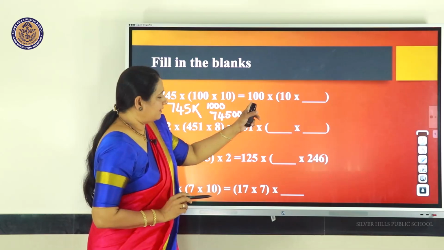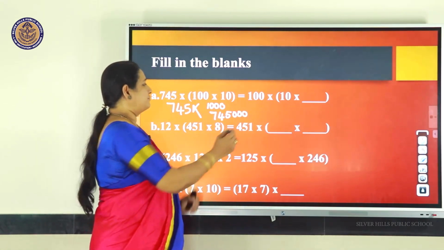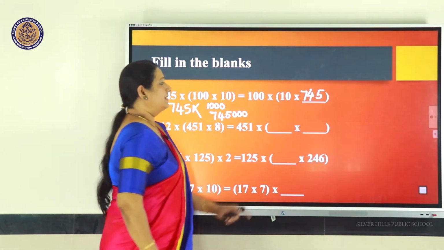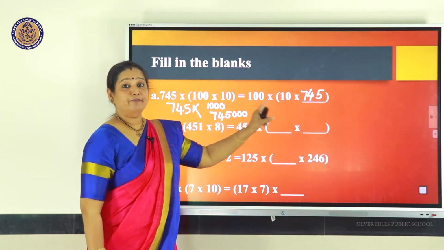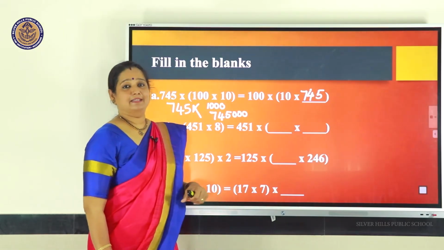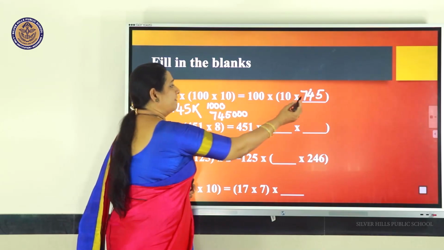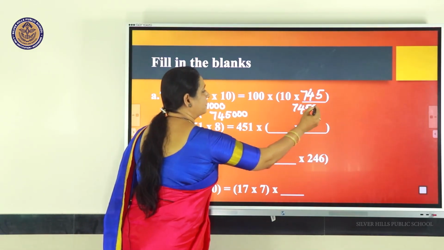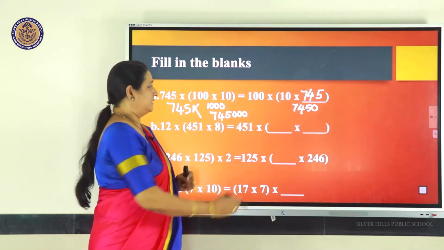Okay. Now, see here, 100 into, which number will come here? Here you have to write 745. 745 into 10, you are going to multiply, because that is the number seen inside the bracket. First you have to multiply the number inside the bracket. So, 745 into 10 is 745 followed by 1 zero towards the right side, 7450.